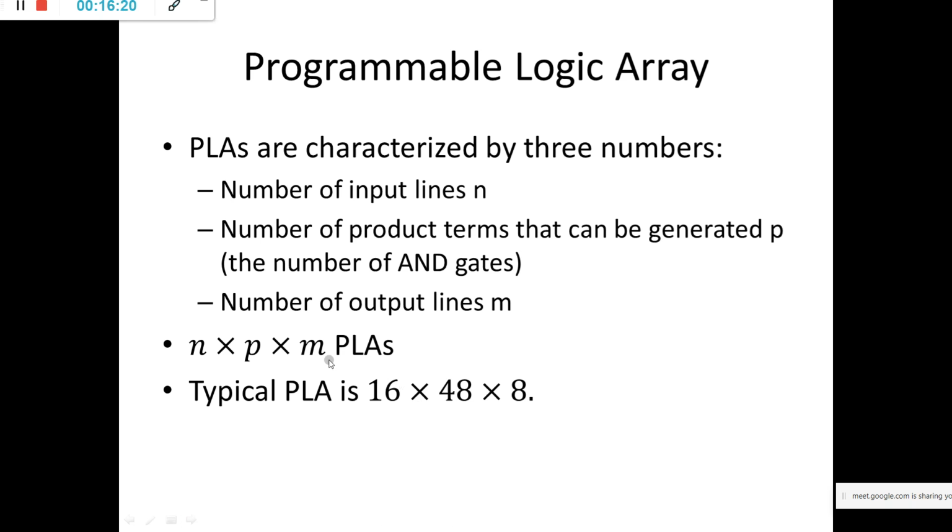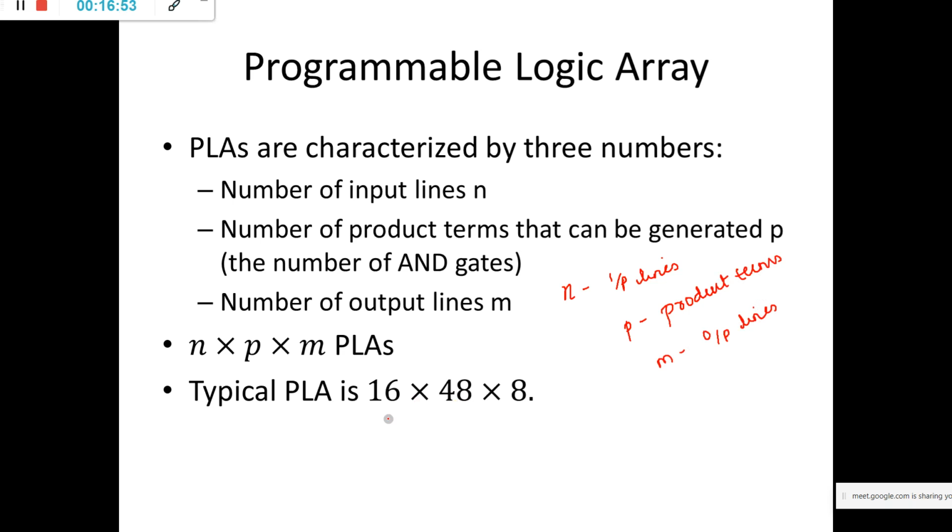So how do we characterize the programmable logic array? N cross P cross M. What is N? N is the input lines. What is P? P is the product terms which is generated at the AND gates. What is M? M is the number of output lines.